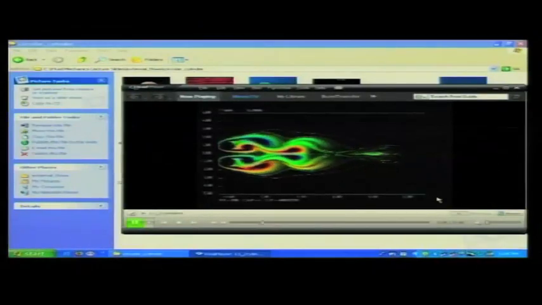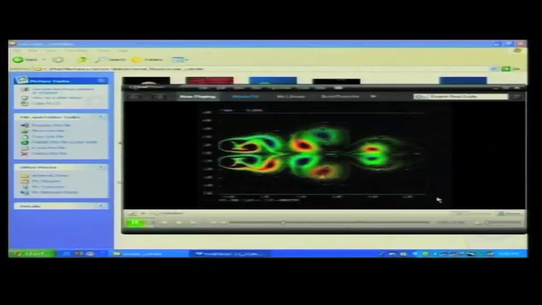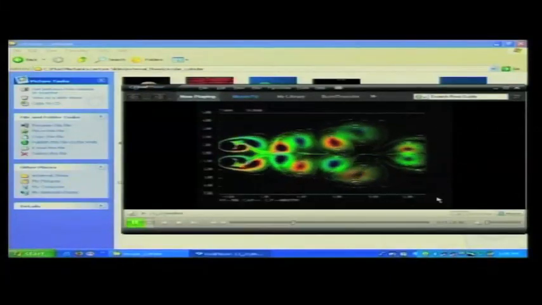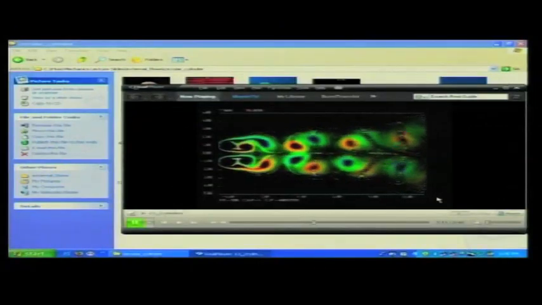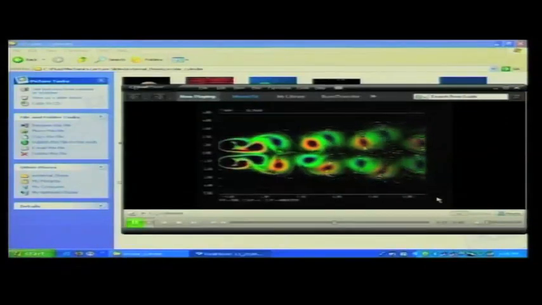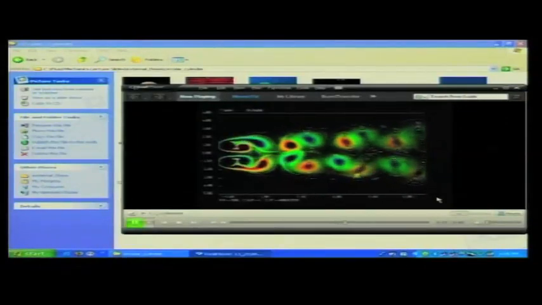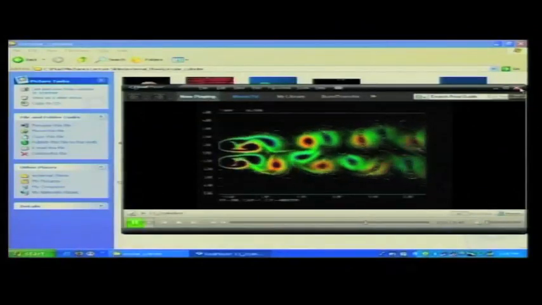So you may have even multiple cylinders, and with multiple cylinders you can see these types of effects as if one effect is getting superimposed on the other. Here the symmetry is very well preserved because the Reynolds number is not that large, but the symmetry may be destroyed by advection of vorticity if the Reynolds number is substantially larger.